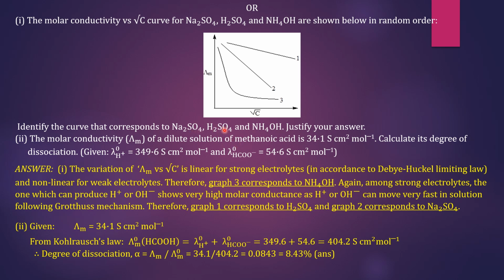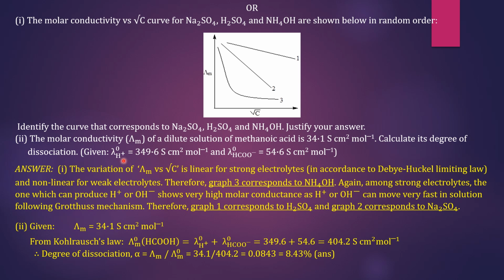H2SO4 will give you H plus. So obviously for a fixed concentration, the molar conductance of H2SO4 will be much higher than Na2SO4. If you fix a particular concentration, for graph 2 the molar conductance is less, the height is less. For graph 1 the molar conductance is high. So obviously 1 will correspond to H2SO4, and 2 will correspond to Na2SO4.